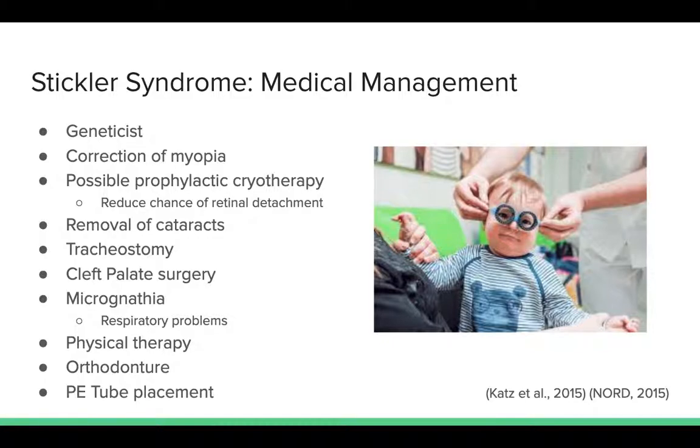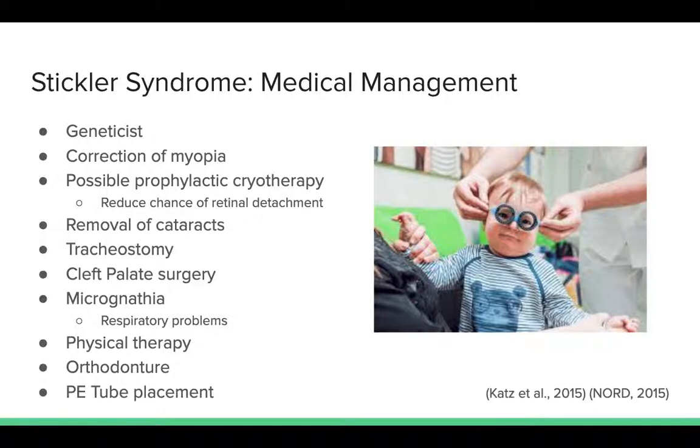Some are mild cases and some are more severe. Once the diagnosis has been established, it's recommended that families go to a geneticist to better understand the syndrome and how it has manifested, especially if it's a new mutation and it comes out of nowhere. It's good to have that counseling for patients and for parents, more importantly.